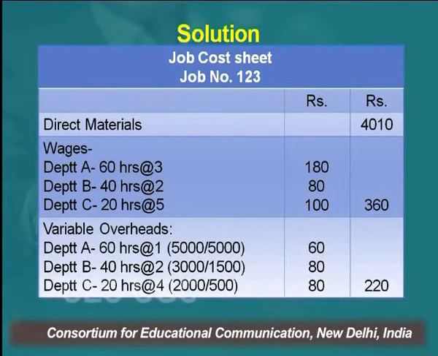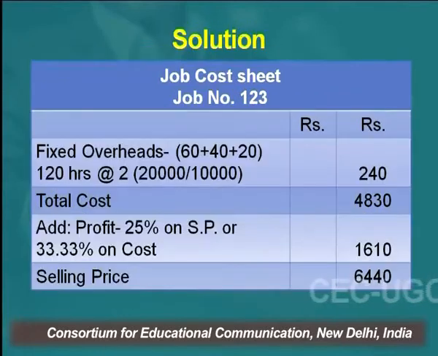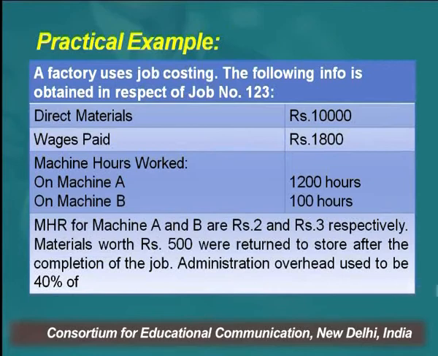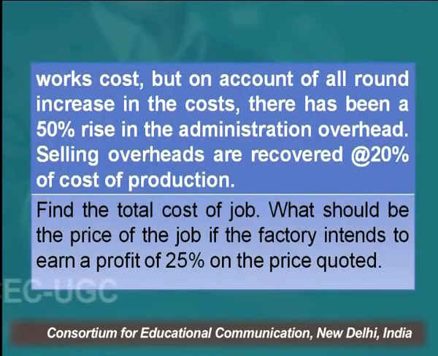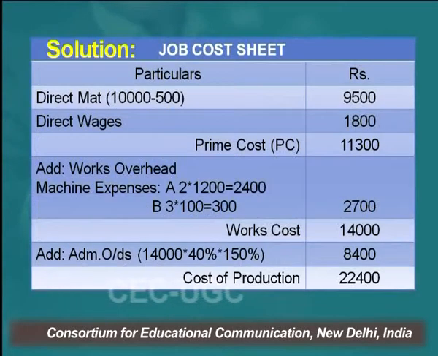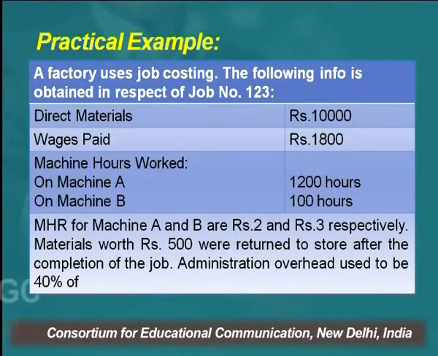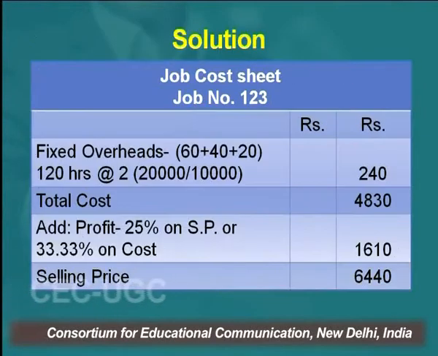As you note here, the very first expense is direct material, which is directly given in the question. Direct material is 4,010 rupees.